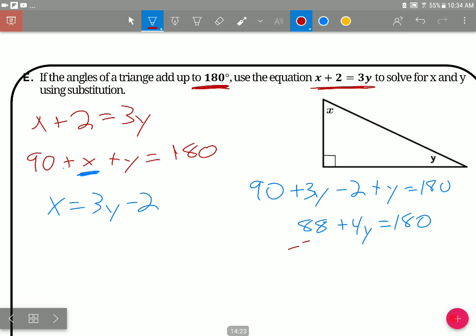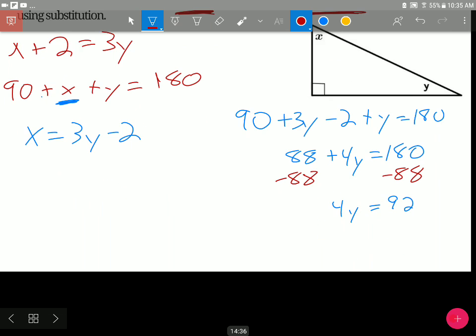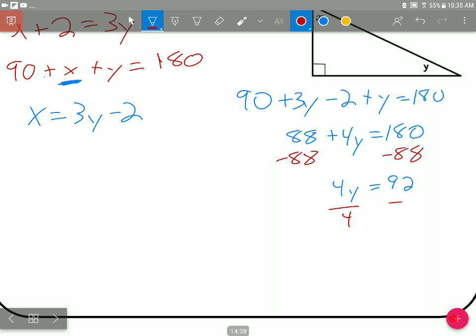The 88. So 180 minus 88, you can pull out your calculator for that if you want. 92. All right. Now we can take care of the 4. How do we take care of the 4? You divide. 92 divided by 4, I believe, is 23. So y is 23.